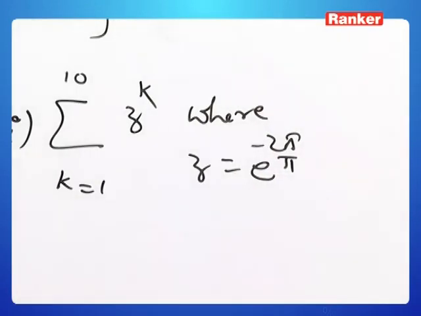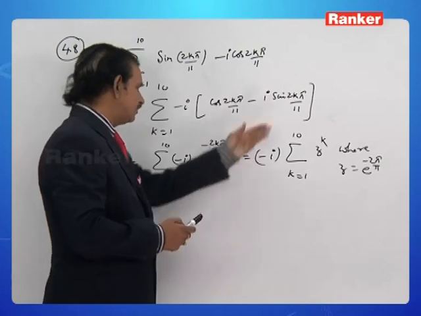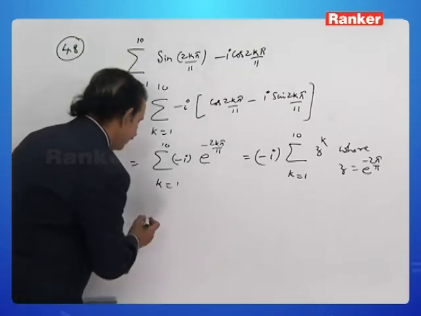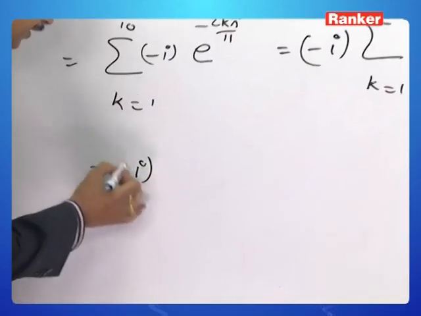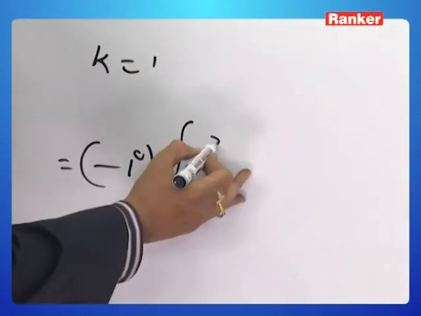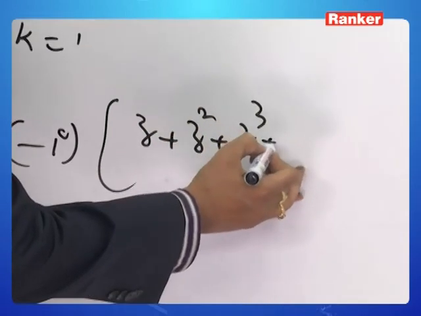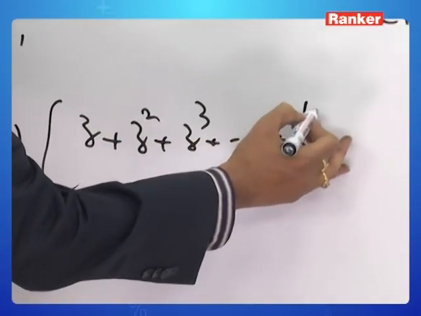I can write it as minus i into z plus z square plus z cube and so on up to z power 10.